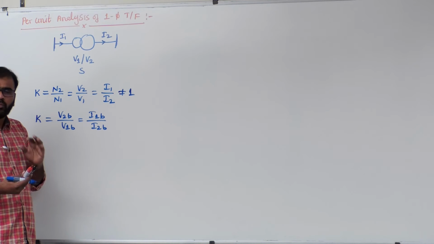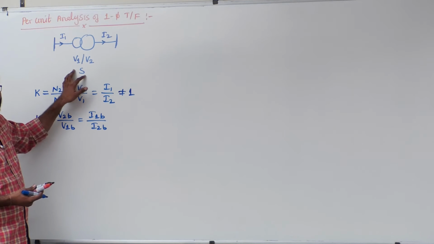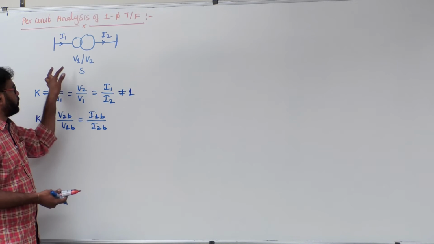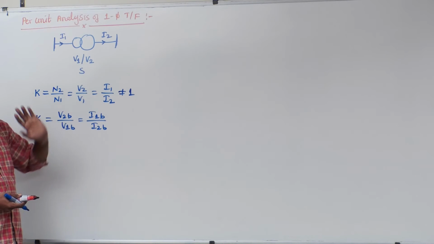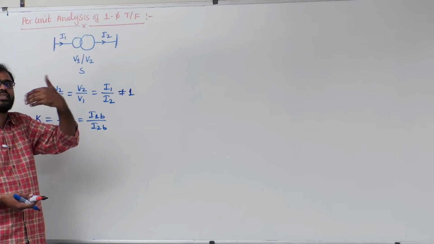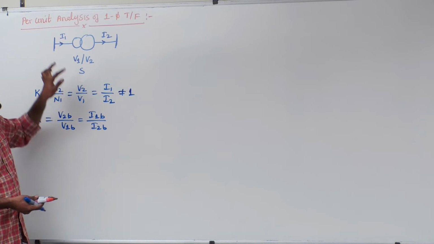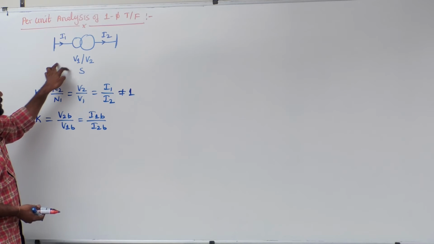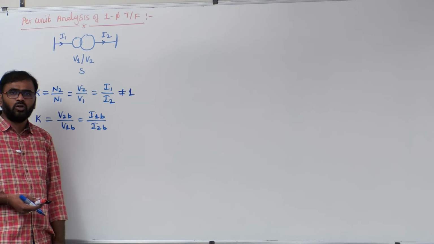That's why there is no concept like S1 base and S2 base. It is just S base, or indirectly S1 base equals S2 base, that is equal to S base. But primary voltage base and secondary voltage base are different. And primary current base and secondary current base are different. And primary impedance base and secondary impedance base are also different.